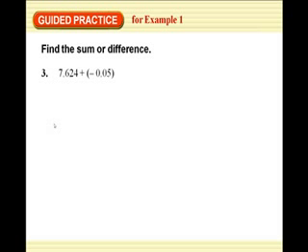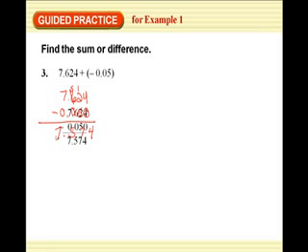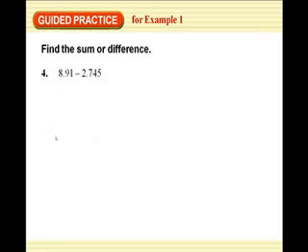It's going to be 7.624 minus 0.05. You're taking off that negative. So that's going to be a 7, 5. There we go.